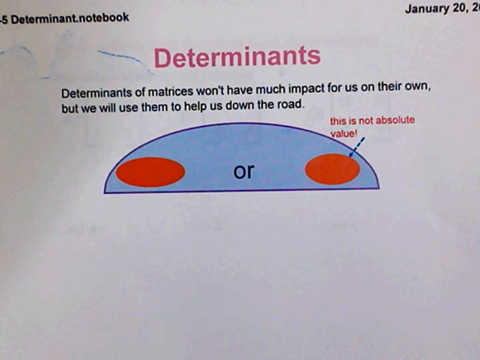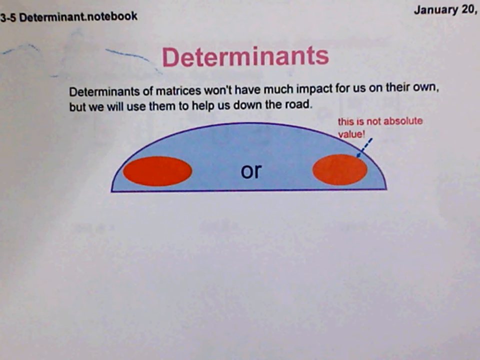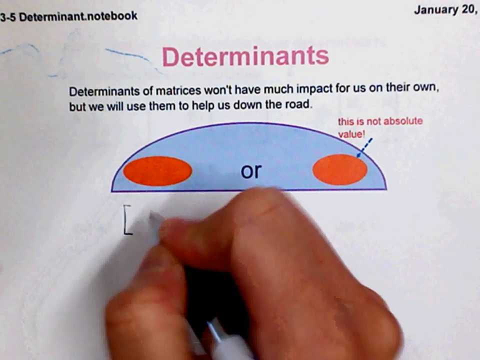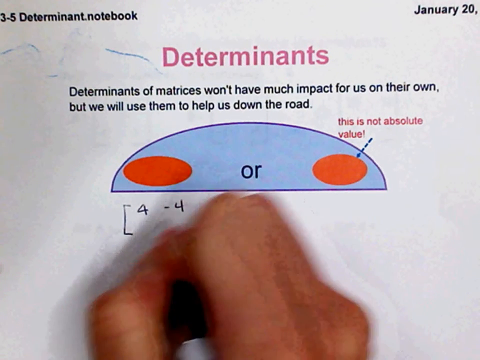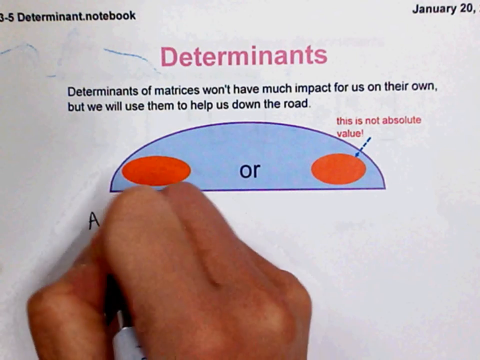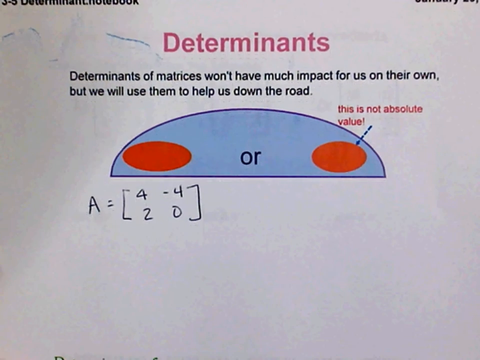All right, so to start, how do you write a determinant? Well, this is what you do for a determinant. Say, for example, you have an A matrix, and we're going to call that 4, -4, 2, 0. All right. And this matrix is A. So how do you write a determinant?